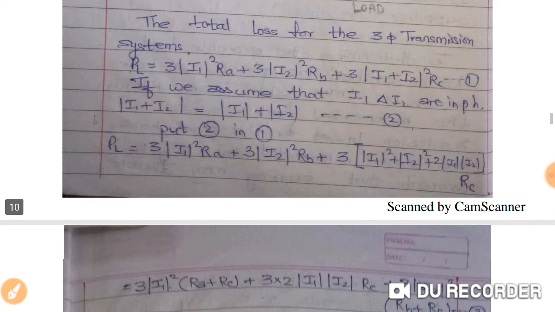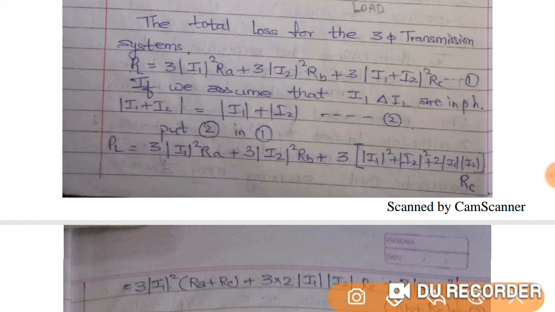Now if we consider the equation of transmission losses, the total loss of the system will be given by PL. Since it is a 3-bus system, we will have an addition of I square R losses, and as it is a 3-phase system, we multiply I square R by 3.